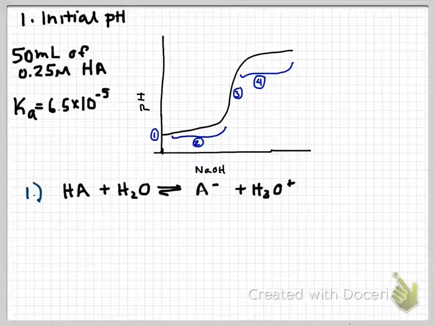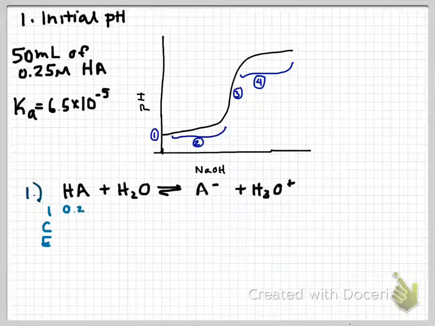And I'm providing a Ka value of 6.5 times 10 to the minus 5th. We can solve this using our ICE table technique: initial, change, equilibrium. We have initially 0.25 molar acetic acid. We haven't added any base at this point, so we're just looking at a straight equilibrium reaction.